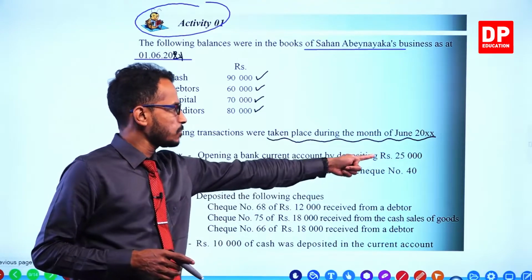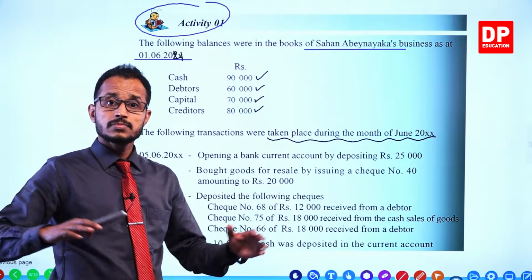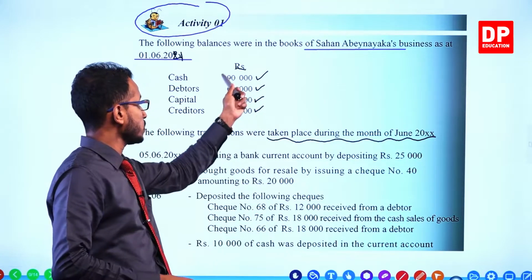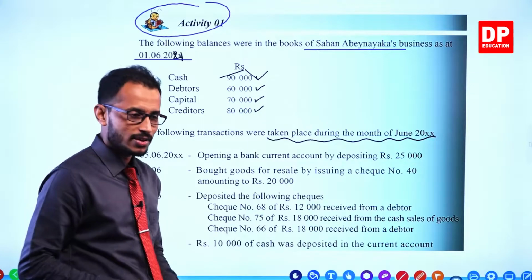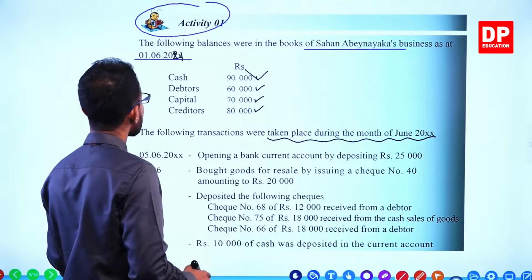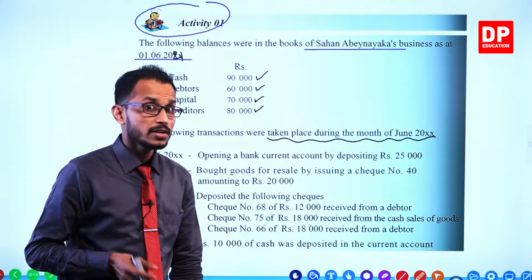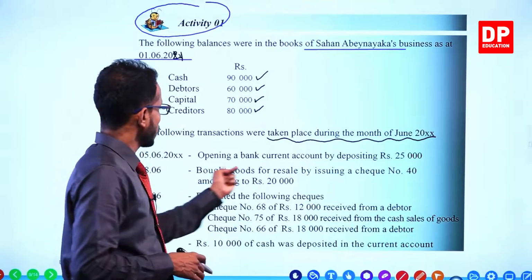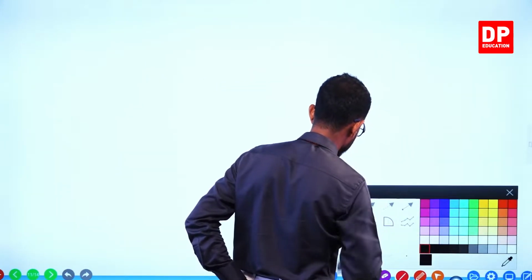Opening a bank current account by depositing 25,000. The bank current account is not yet opened. No, not opened yet. So this 90,000 is the cash at hand. So cash balance is given, so we need to draw a cash account. Not just a cash account, we'll draw a cash book. And we need a bank book too. Right, cash book and bank book.